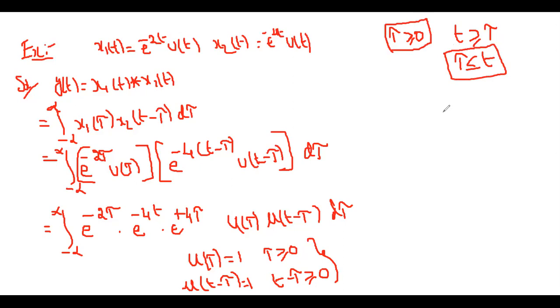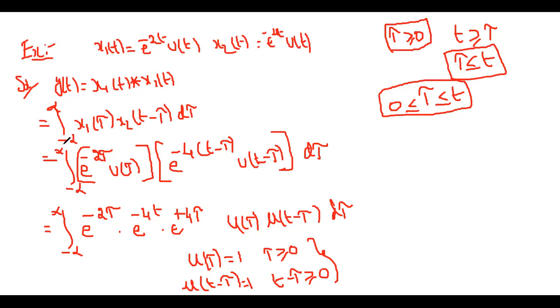Combine these two relations. Now 0 is less than or equal to tau, and tau is less than or equal to t. So after combining the two relations, tau varies from 0 to t. Now it is a causal system. Minus infinity to infinity means non-causal for the two signals.